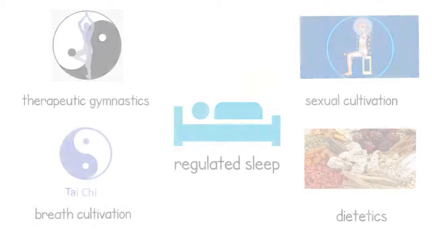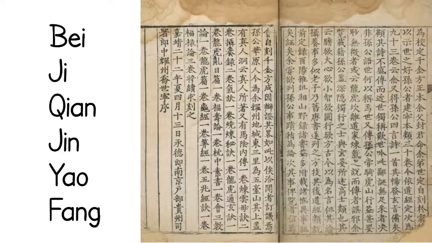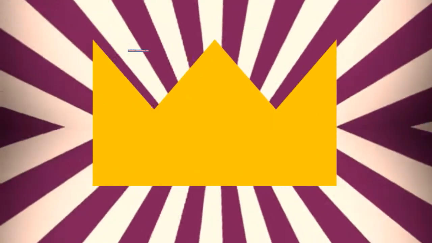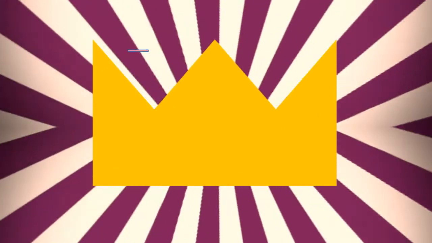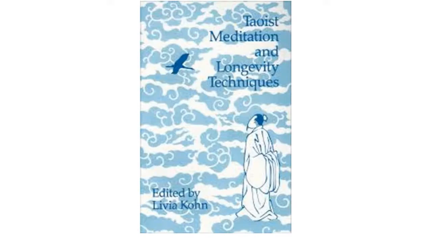These and other practices are detailed in later Daoist and medical literature, such as in the chapter titled 养性, Nurturing Nature, in the book 备急千金要方, written by the King of Medicine, Chinese physician Sun Simiao, and in the modern collection of articles in Livia Kohn's Taoist Meditation and Longevity Techniques.